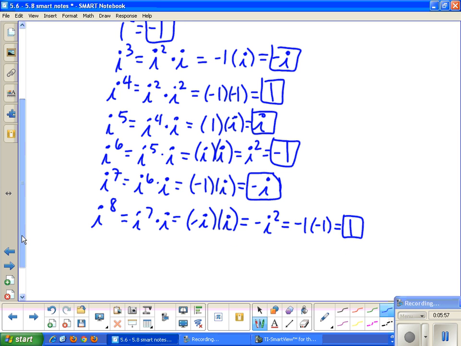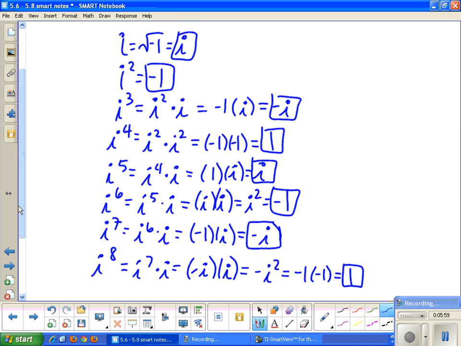And notice that if you look at these values from when we started, so i was my first value, -1, -i, 1, then we get i, -1, -i, 1.